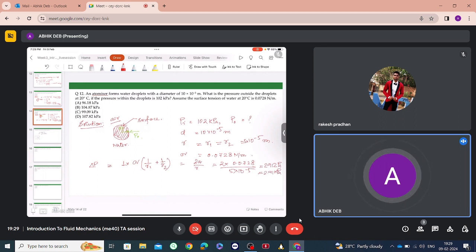So delta P, which is Pi minus Po, is 2.91. So P outside that we are required to find is Pi minus 2.91, that is 102 minus 2.91, and it will come out to be 99.09 kPa. That is option number C. If there is any doubt in this, you can ask.